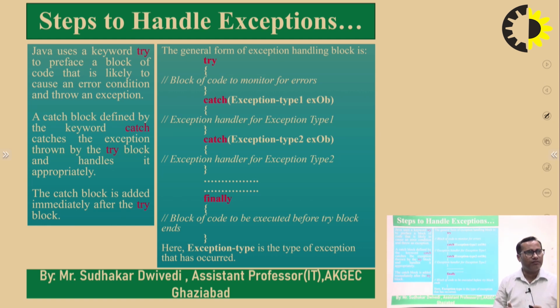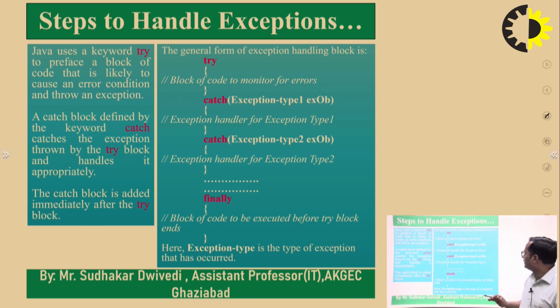That means we will write the code in the try block that is likely to cause an error condition and throw an exception. So what is the purpose of the catch block? The catch block is defined by the keyword catch, and it catches the exception thrown by the try block and handles it appropriately. The catch block is added immediately after the try block.